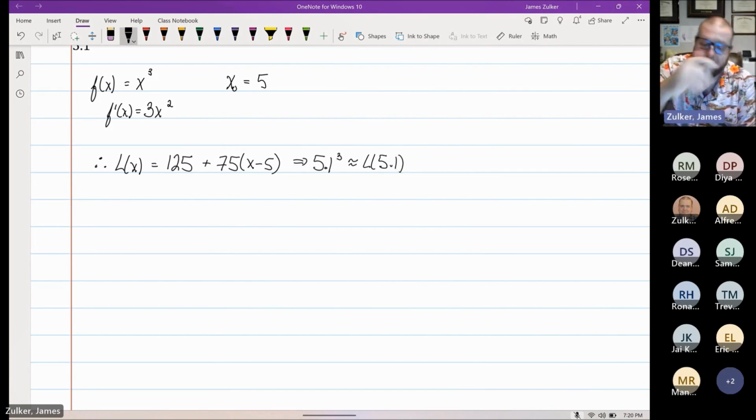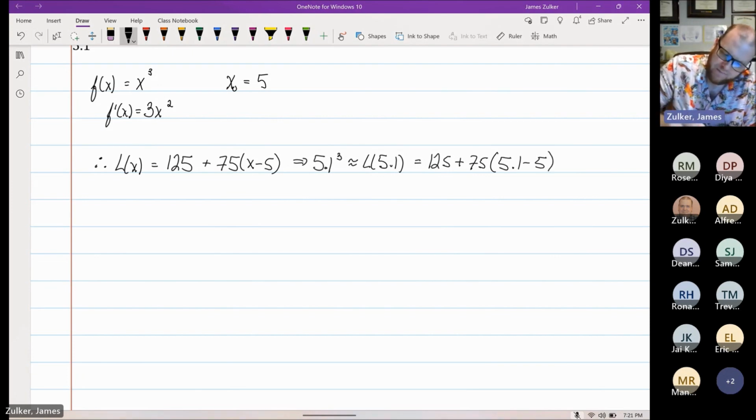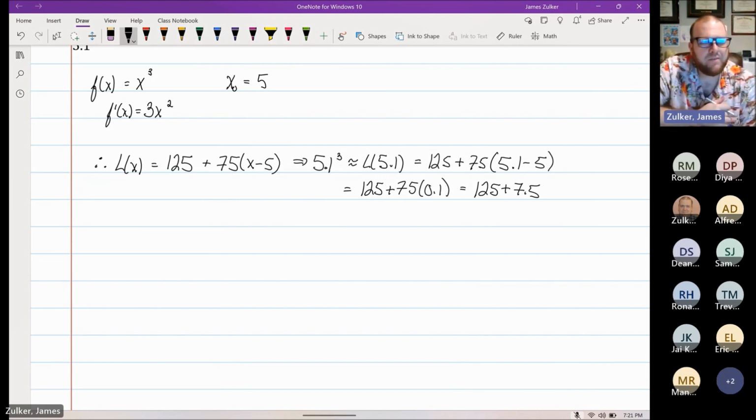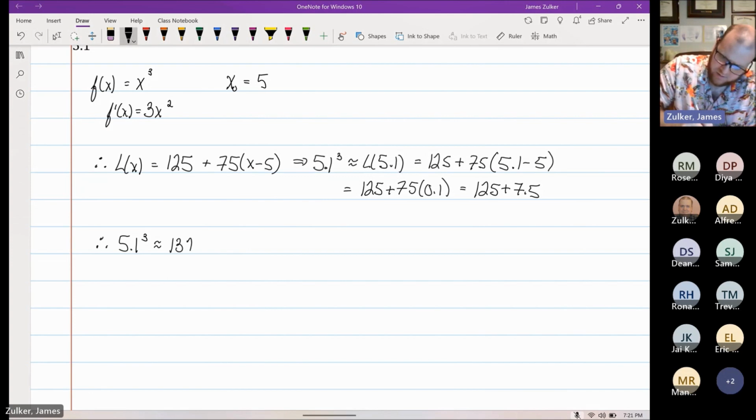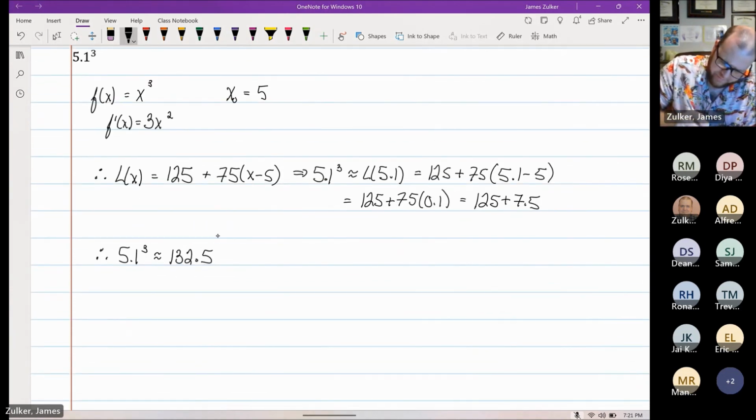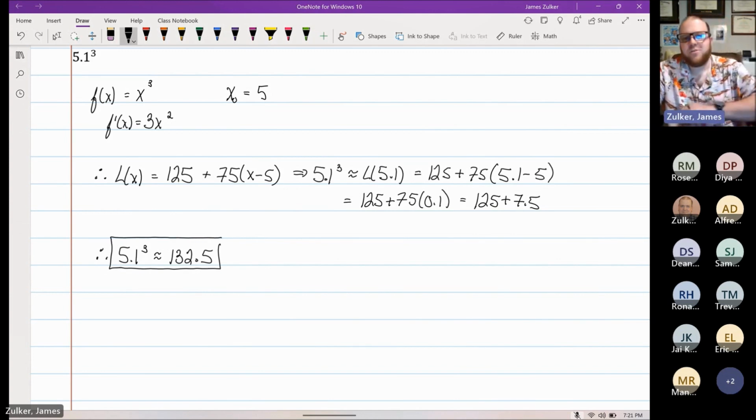5.1 cubed would then approximately be L of 5.1. All right, so 125 plus 75 times 5.1 minus 5, which is 125 plus 7.5 about. So assuming I did my basic arithmetic right, should get about 132.5.